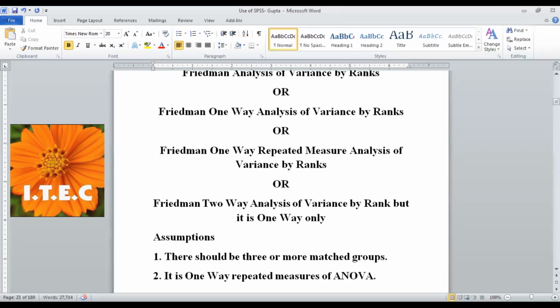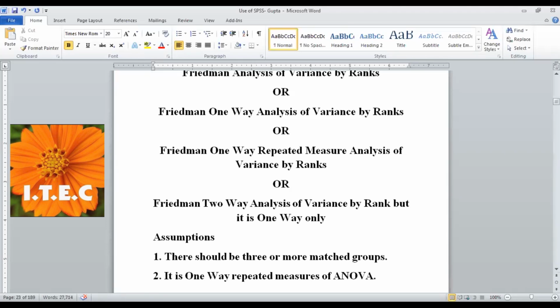What is the meaning of repeated measures? You have one group, you give the treatment, and then you assess it. The same group, you give another treatment and you assess it. The same group, you give another treatment and assess it. So it is being repeated.